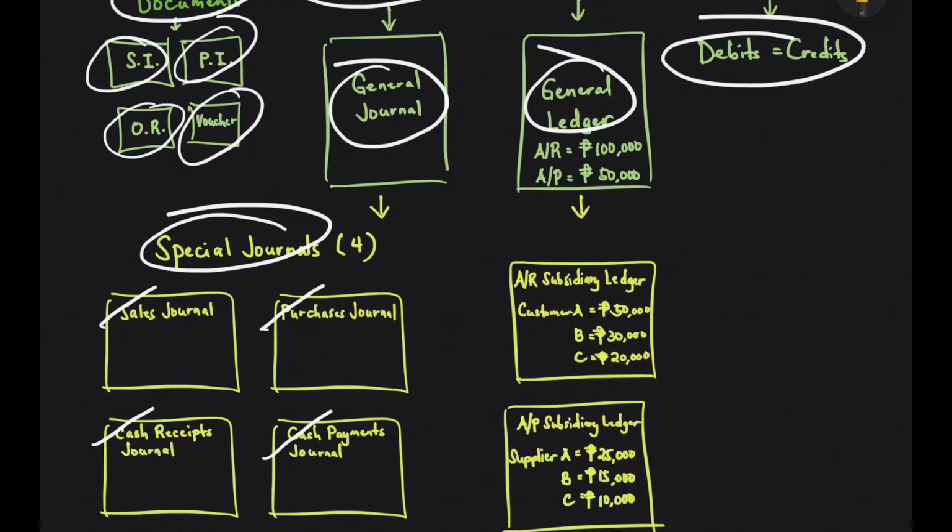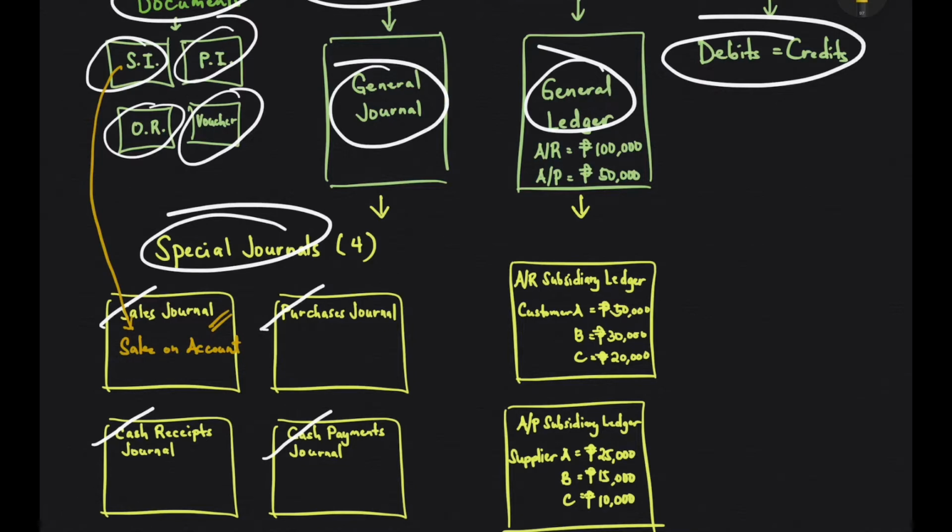First, we have the sales journal, which takes in all sales on account. So in journal entry, this would be debit to accounts receivable and credit to sales. And the pertinent business document for this one would be the sales invoice.